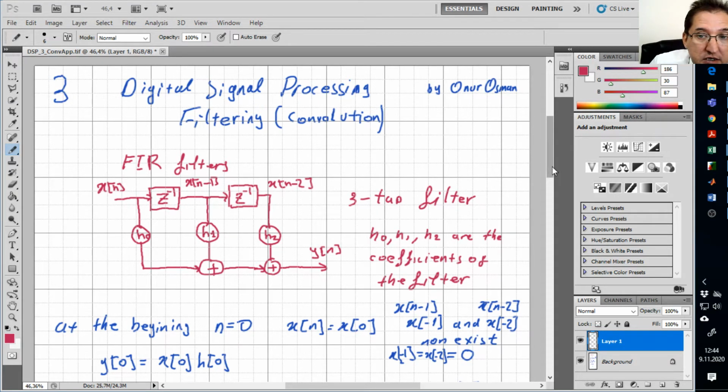But at the beginning it's quite different, because at the beginning we have xn but we don't have xn minus 1 and xn minus 2.